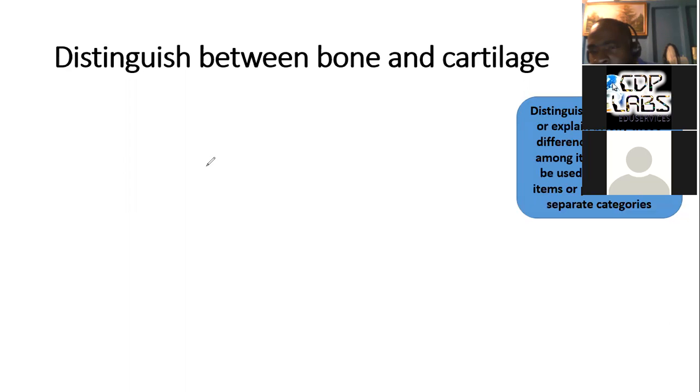Cartilage. Good? So in other words, if you were, say, a doctor, a surgeon, and you wanted to distinguish the bone from the cartilage, what would you use to make that distinction? What would you use? Anybody?